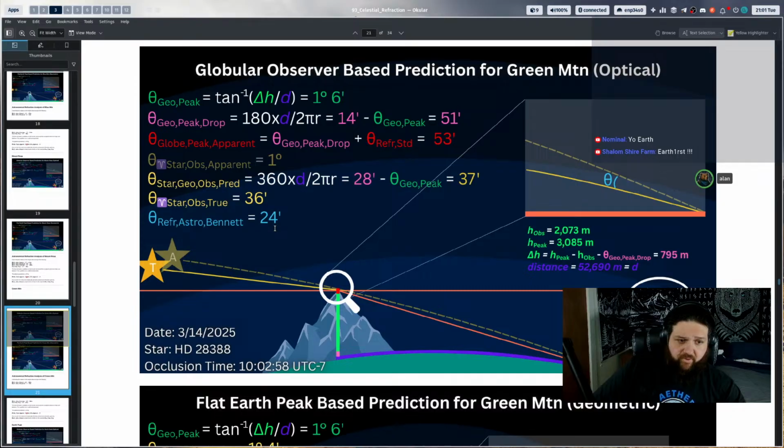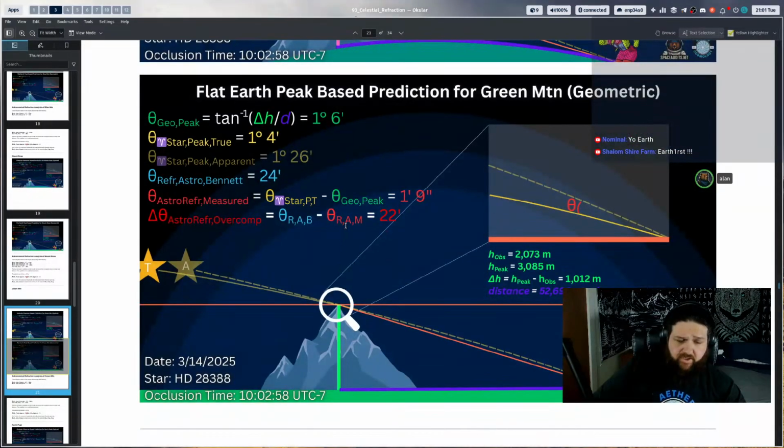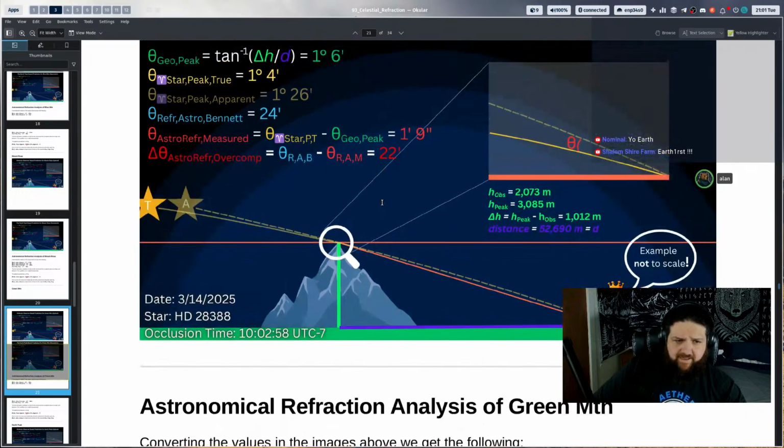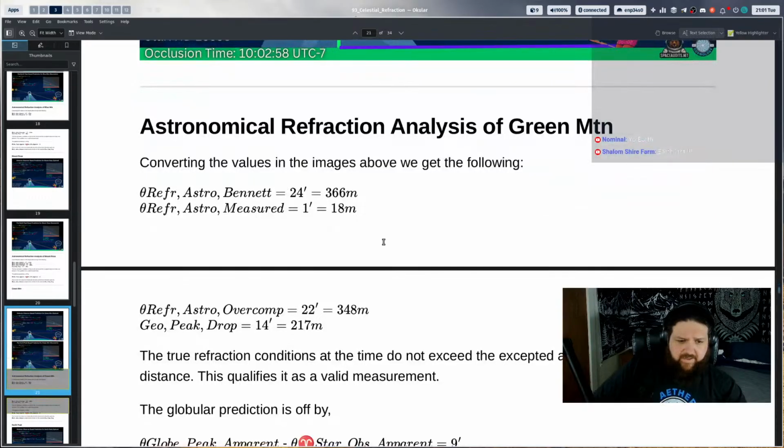So they have 24 arc minutes of celestial or astronomical refraction there, giving a difference of the actual angular separation was 1 arc minute, 9 arc seconds, which comes out to a 22 arc minute difference between their predicted amount, their empirically derived amount at the location for Mount Rosa. And then that comes out to be 200. So their drop over distance for that 14 arc minutes was 217 meters.